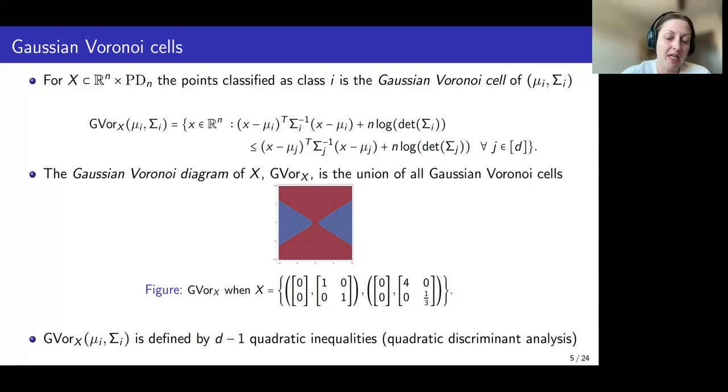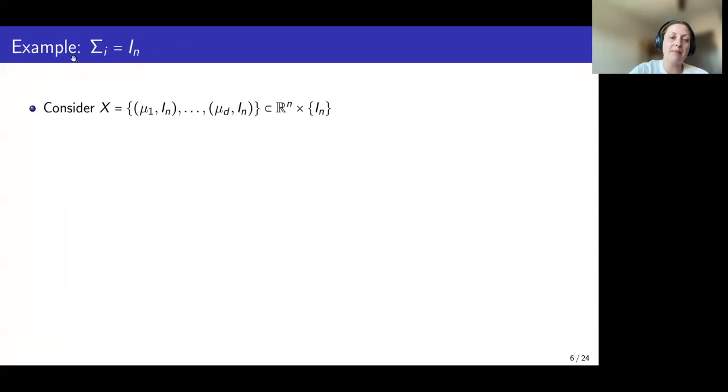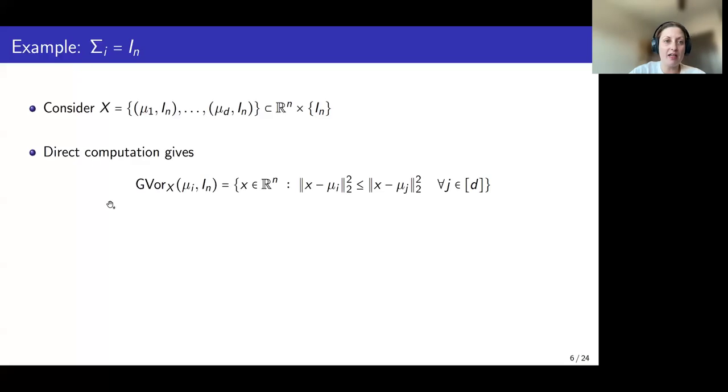Before we get too far into things, I want to look at a couple of examples. The next example that we could consider is what happens in the special case where all the covariance matrices are just the identity matrix. In this case, we can just substitute the identity matrix into our definition.